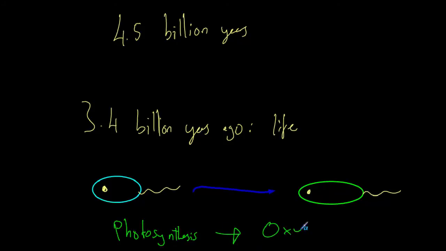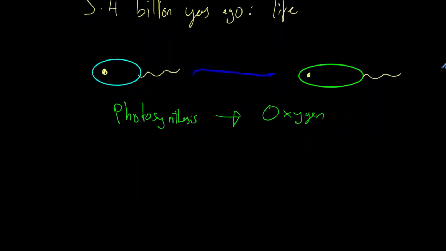So these organisms were releasing oxygen into the atmosphere, whereas before there was little to no oxygen in the atmosphere originally. And so the algae and the bacteria were doing fine. They were photosynthesizing, releasing oxygen into the atmosphere, and this allowed for the evolution of other types of organisms, which will eventually include animals, but first it's going to give rise to more complex forms of algae and plants, so green plants.